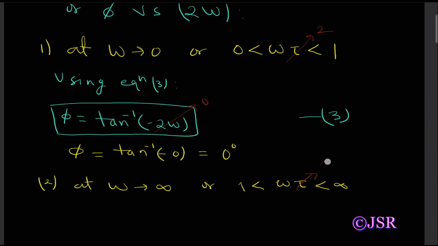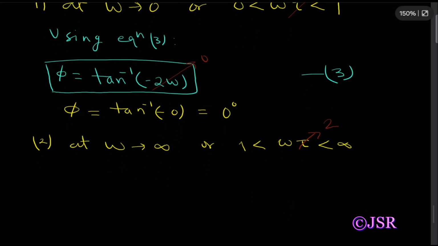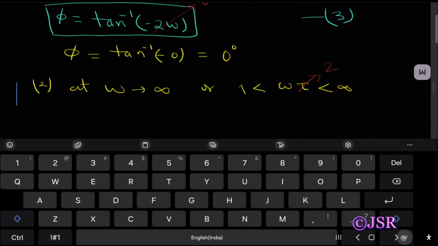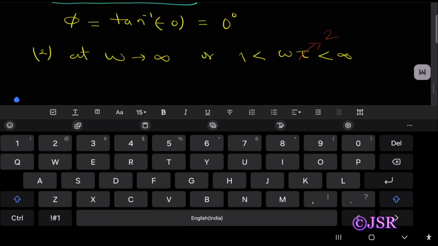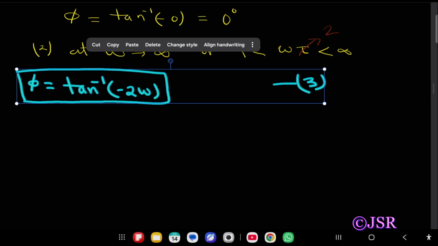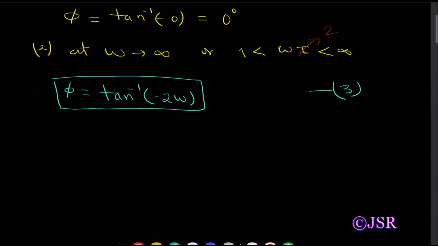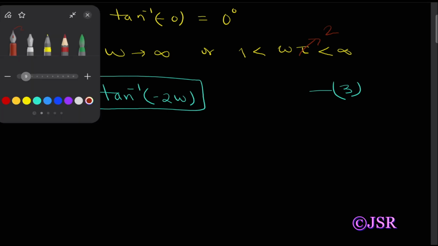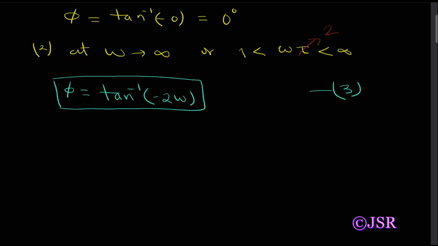So again for the present case tau is equal to 2. So when tau omega lies between 1 to infinity, in this case phi will be equal to tan inverse minus tau omega, which is infinity.